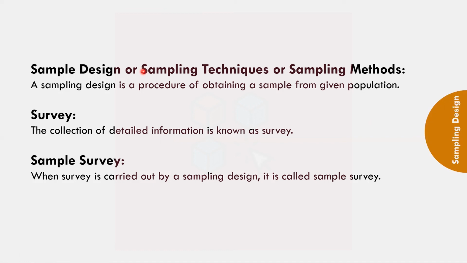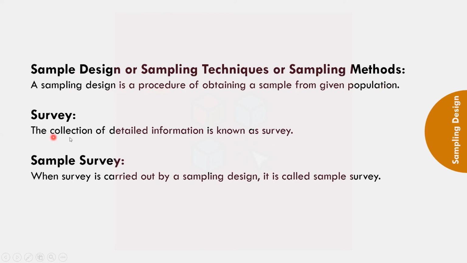A sample is selected from the population using some technique, method, or design, which is called the sample design, sample technique, or sample method. A sample design is a procedure of obtaining a sample from the given population.